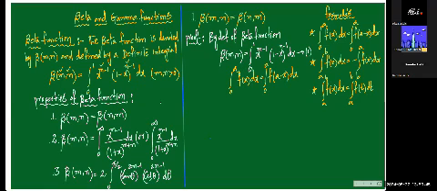So if we apply this formula, beta of m comma n becomes, अच्छे से देखिए यहाँ पे लॉजिकल वे में प्रूफ कर लेना है बस, is equal to integral 0 to 1, there is no change in the limit, x can be written as 1 minus x whole to the power of m minus 1 into, open the bracket, 1 is there as it is, minus is there as it is, again x can be written as 1 minus x, whole to the power of n minus 1 into dx. That's it.